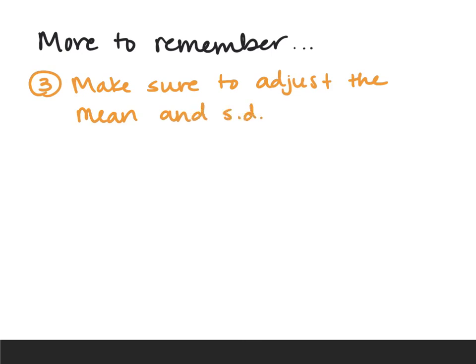Now, of course, the mean actually doesn't change, but our notation does. So we want to do the mean with that little subscript x bar. That's going to equal the mean of the population. And then our standard error is going to be the standard deviation divided by the square root of n. So we've got to make sure we make that change when we're dealing with a sample.